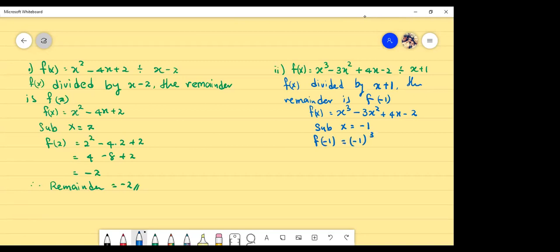Then substitute correctly and take the correct values: 4 times minus 1, minus 2. Here we have minus 1, minus 3, minus 4, minus 2. Then minus 10. Therefore, the remainder equals minus 10.